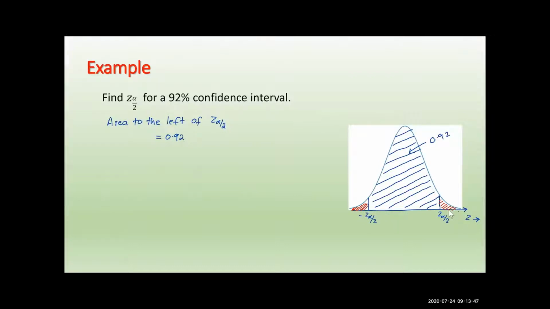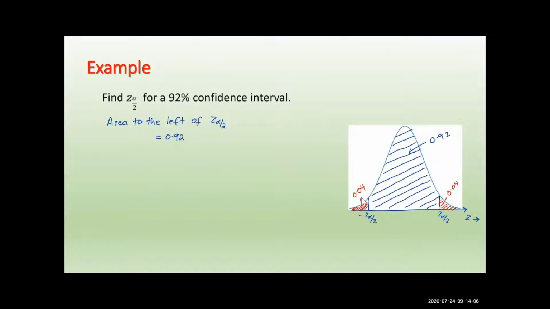But this 8% is divided equally into two parts. So this is 4% area and this is 4% area. This is 0.04, and this is also 0.04. Make sure you label this.